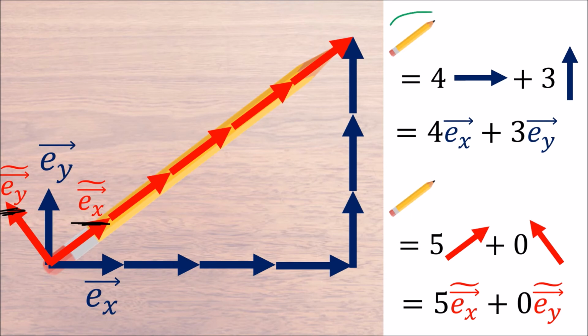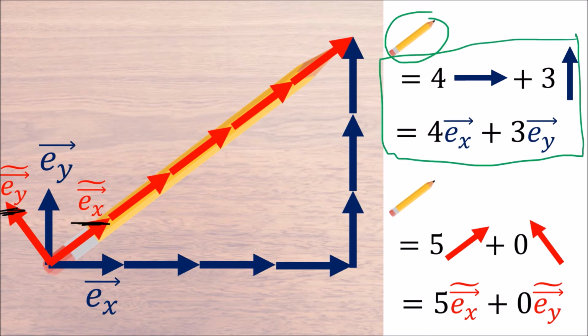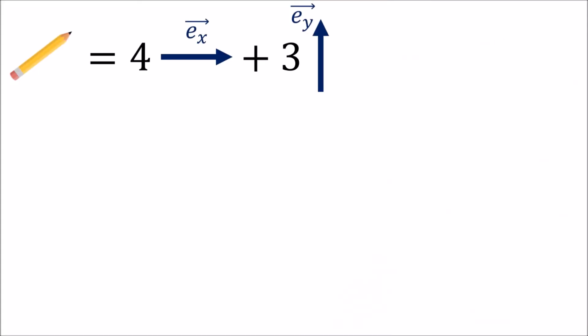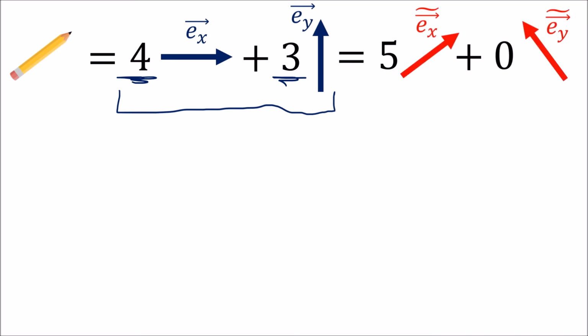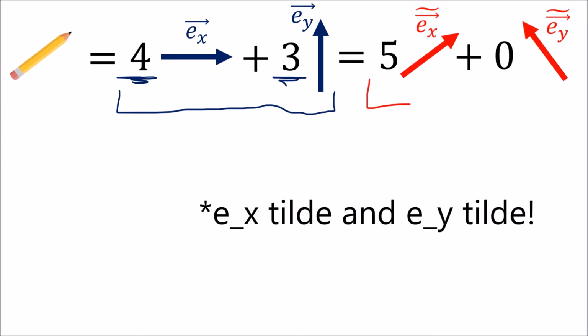We see that the pencil separation can be described in 2 different ways, using different numbers, depending on which basis vectors we're using. We can express the pencil in terms of the Ex and Ey basis vectors and get the components 4, 3. Or we can expand the pencil in terms of the Ex tilde and Ey tilde basis vectors and get the components 5, 0.